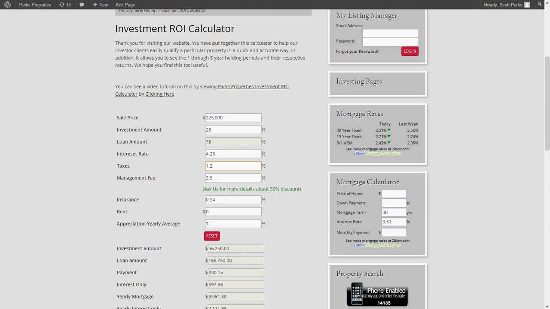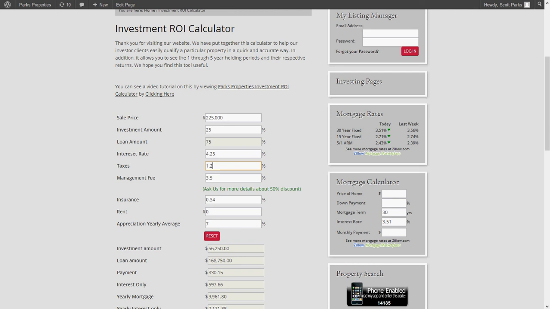However, if you do purchase a property through Parks Properties, we will manage it for a 50% discount for the first year, and then we have additional discounts going forward if you have multiple properties managed by us. So for this one, we'll assume you're going to purchase the property from us, and that the property management fee will be 3.5% of the rental income.